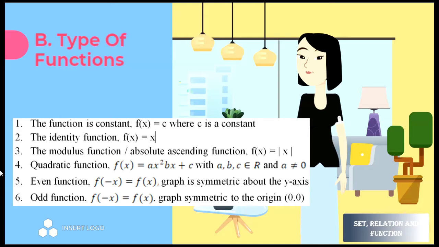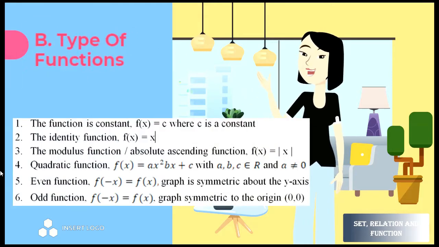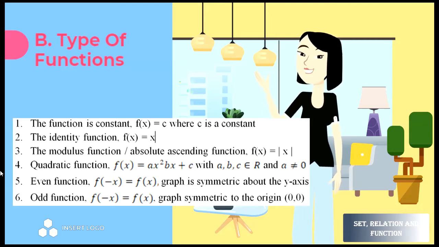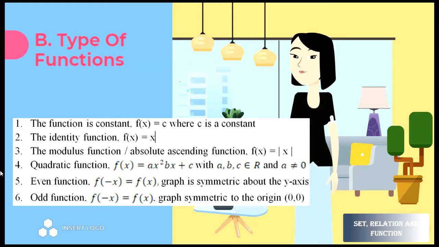Fourth, the quadratic function f(x) equal to ax squared plus bx plus c, with a, b, c elements of real numbers. Fifth, the even function f(-x) equal to f(x), whose graph is symmetric about the y-axis. And the last, the odd function f(-x) equal to -f(x), whose graph is symmetric about the origin (0, 0).